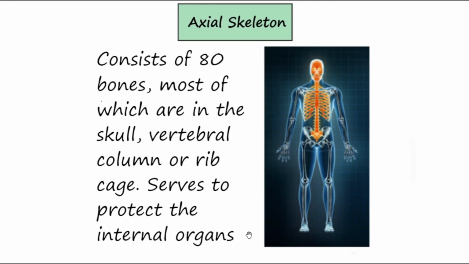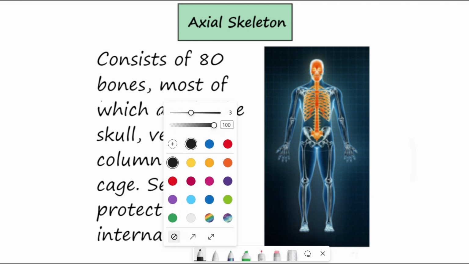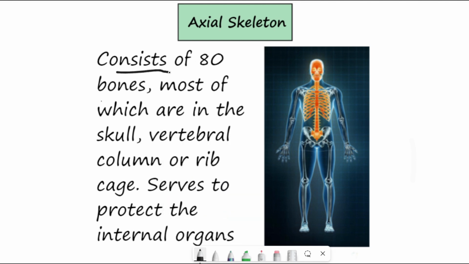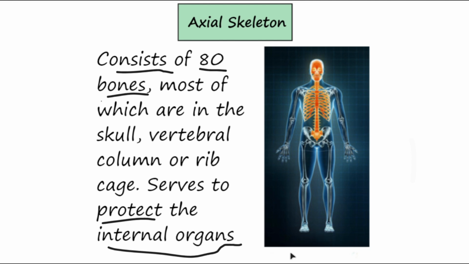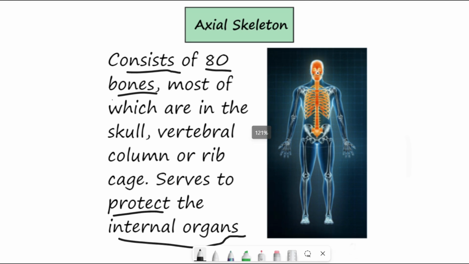So first you have the axial skeleton. This right here consists of 80 bones, most of which are going to be in the skull, vertebral column, or rib cages, and the main function is to protect the internal organs. So as you see here in this picture, you have the skull here, the cranial cavity.